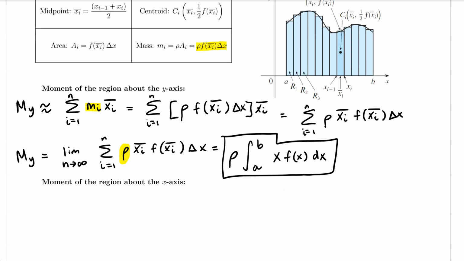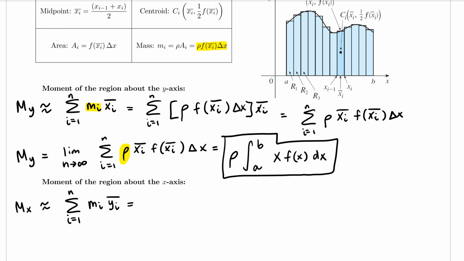Now let's go ahead and find the moment of the region about the x-axis. So we're wanting capital M sub x, just like in the previous calculation that we just did. This is equal to the summation from i equals 1 to n of m sub i, but now we are multiplying by y sub i bar.